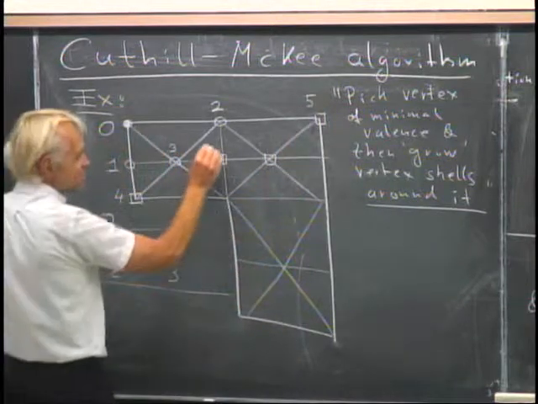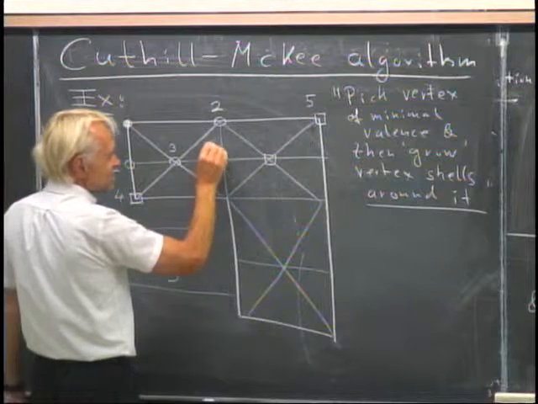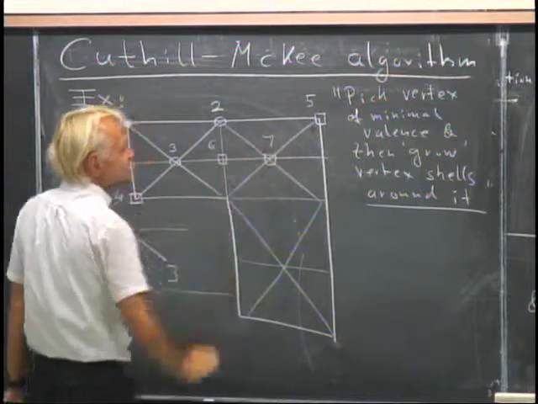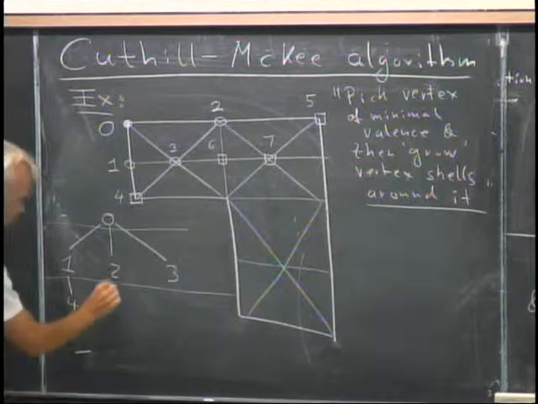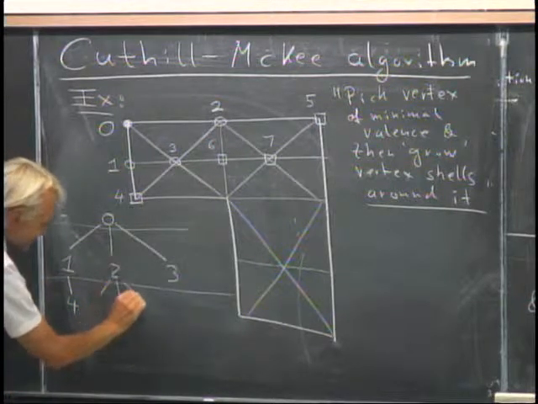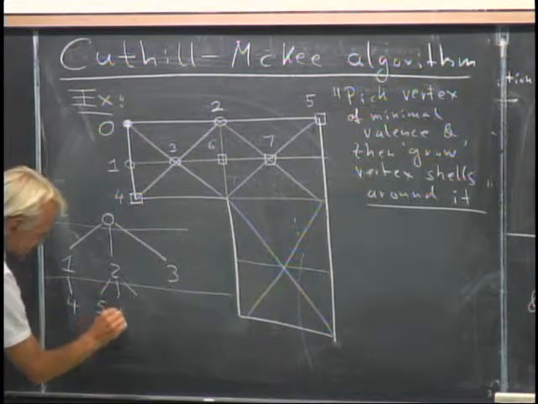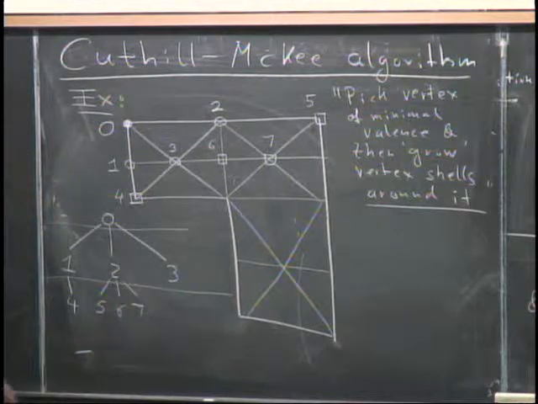This one becomes number 6, and this one then has to be number 7. So 2 is producing 5, 6, and 7.